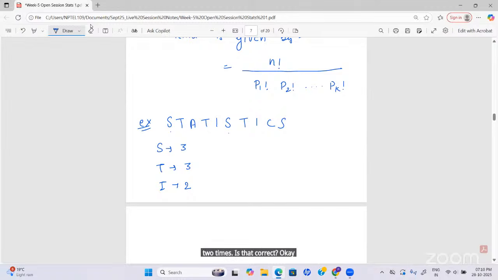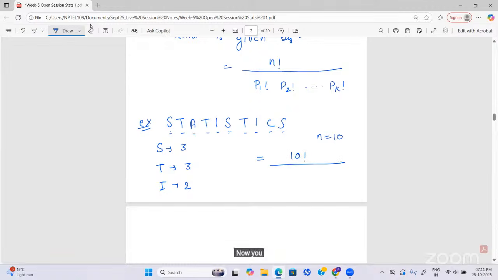So according to the formula, what is N? Count the total number of items. The value of N here is 10. You can see 1, 2, 3, 4, 5, 6, 7, 8, 9, 10. So in total you have 10 letters, 10 items, which is 10 factorial.